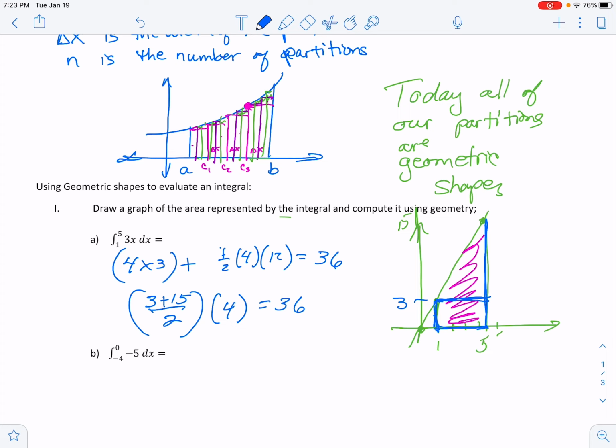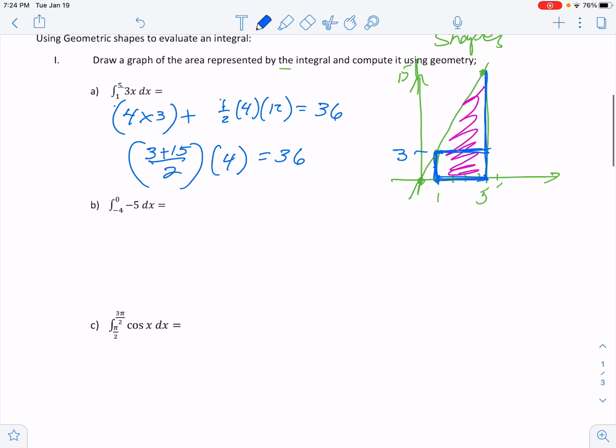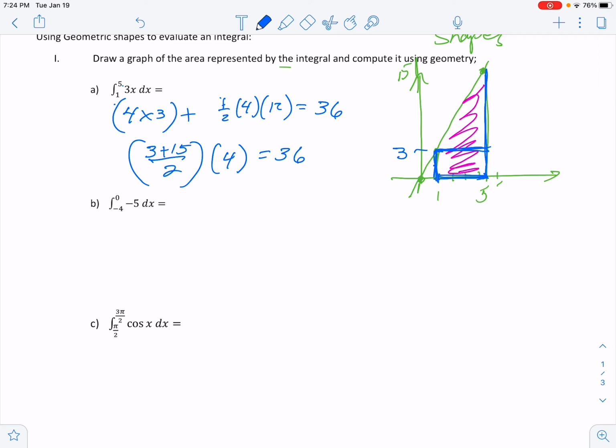All right? You're integrating from left to right, and you're getting positive area. That's important, because we're going to talk about those properties in a minute. All right, this time I'm integrating from -4 to 0 of the line -5. Well, okay, so here's my axis. Here's -4.